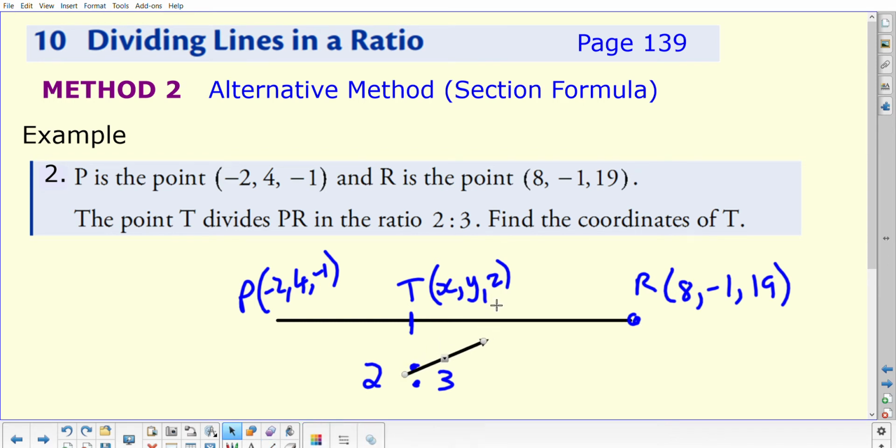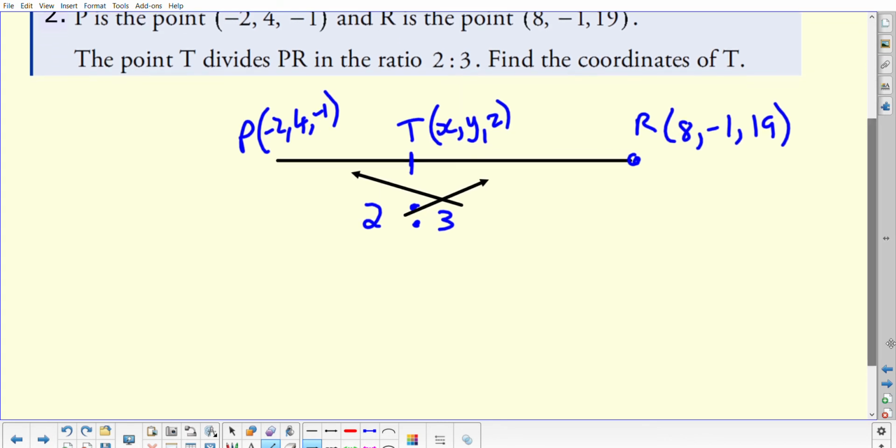So I'm going to then do this little kind of arrow diagram. And what that is to help you see, this is a different method. This is actually using the section formula.